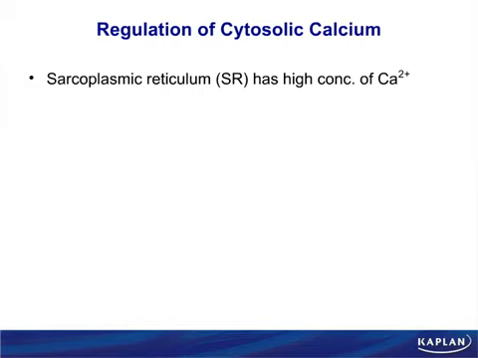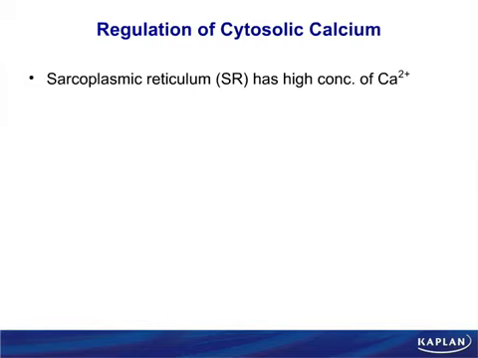Alright, now that we've discussed the proteins and some basic structure and how they interact, we mentioned several times how important the cytosolic calcium was to the process. In the resting state, cytosolic calcium is low, actin and myosin cannot bind and interact, no power stroke.